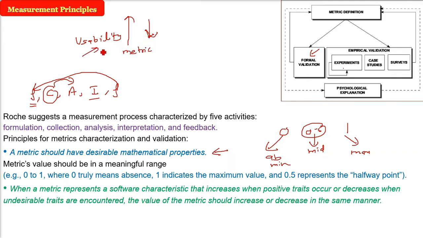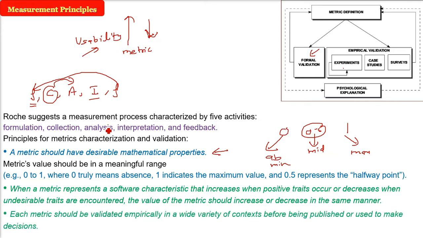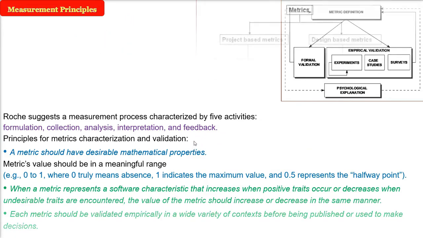That is, it should show the correspondence. Then each metric should be validated empirically in a wide variety of contexts before being even published. For example, we can do empirical validation through experiments, case studies, surveys. We can use proper mathematical modeling, mathematical concepts to formally validate these metrics. But before being published or making decisions, we need to do it.